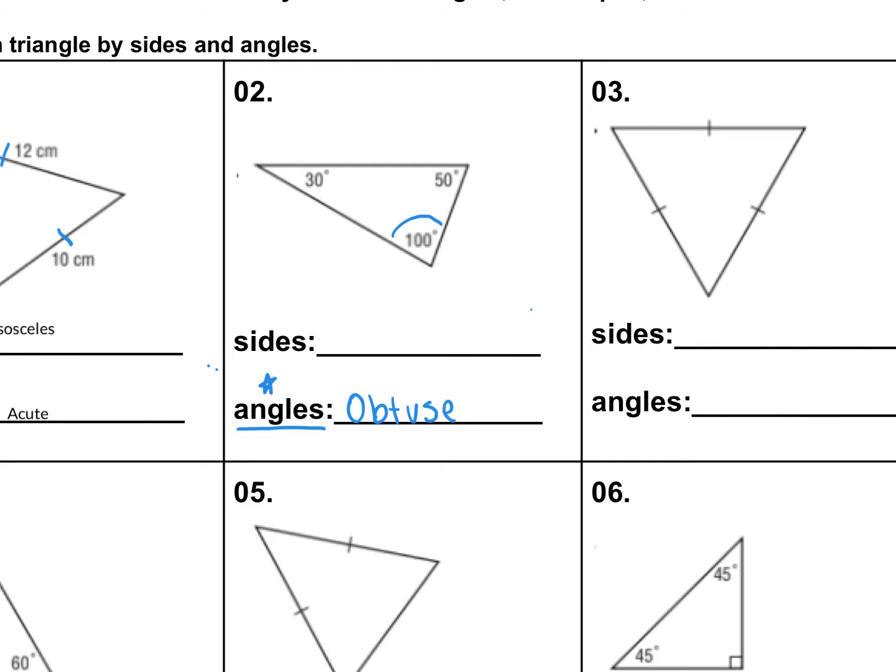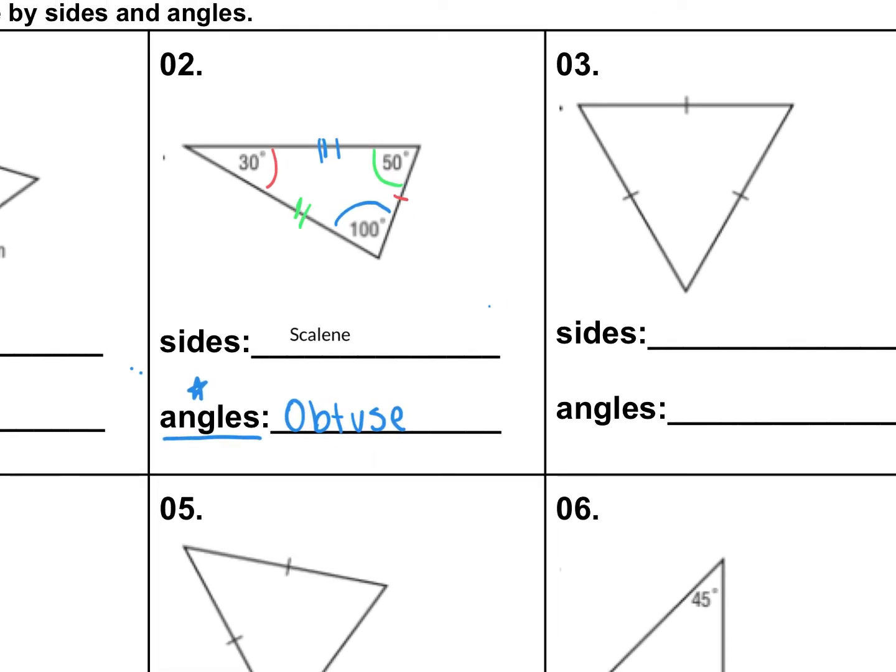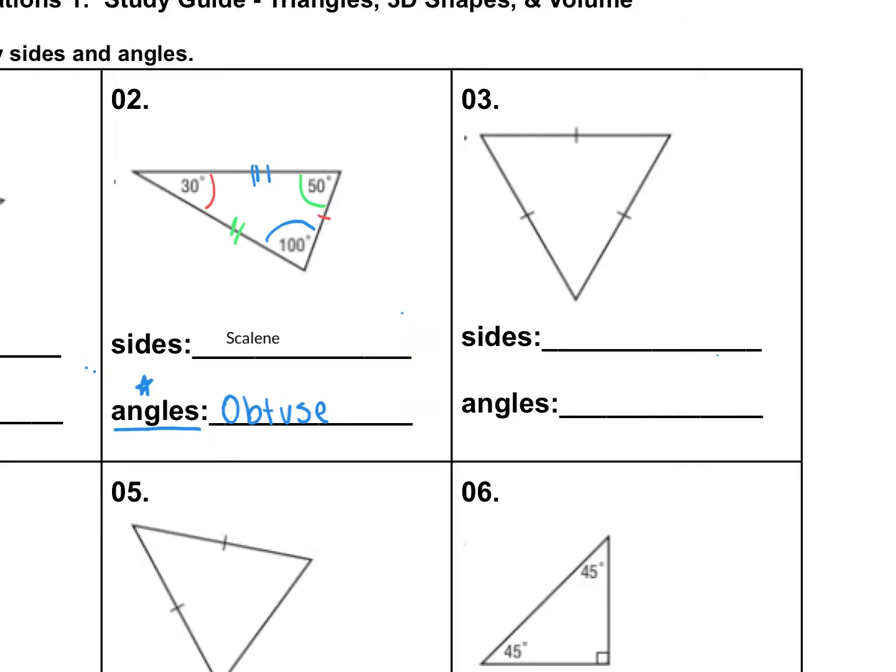Now, if it's obtuse, I want to look and see if this is 30 degrees and this side over here is 50 degrees, then I know all three of these sides are going to be different lengths. If all three of the sides are different lengths, then we call this a scalene triangle. And the way you can think of scalene is like it leans over.